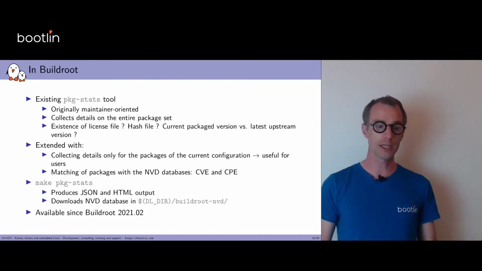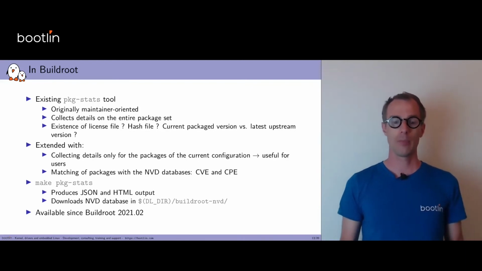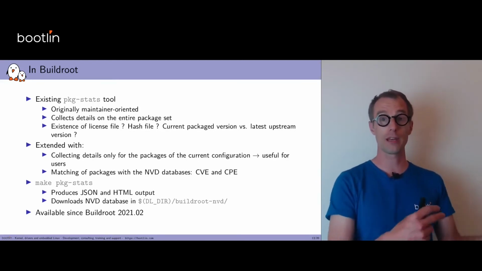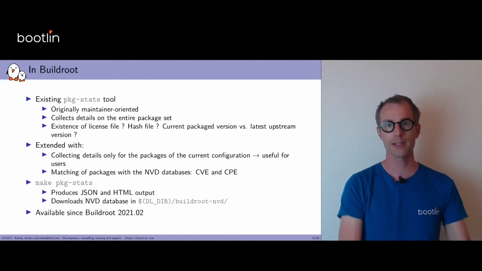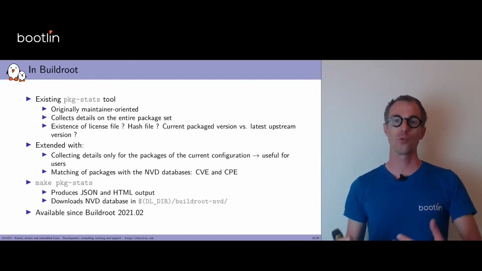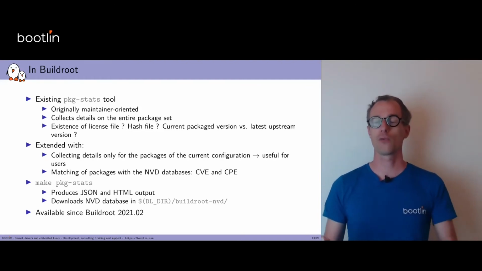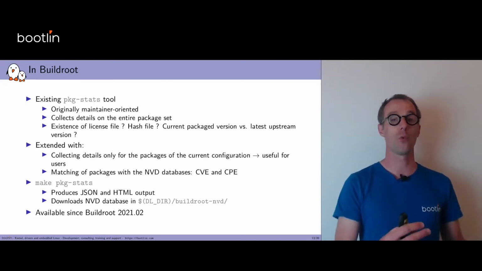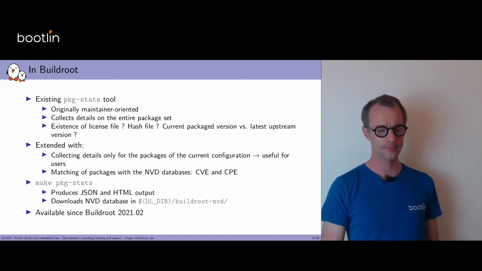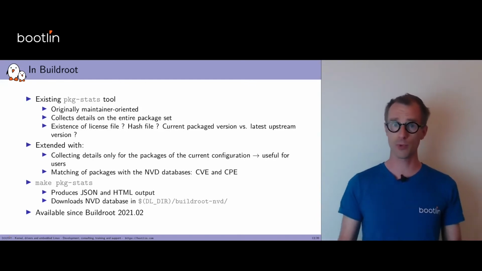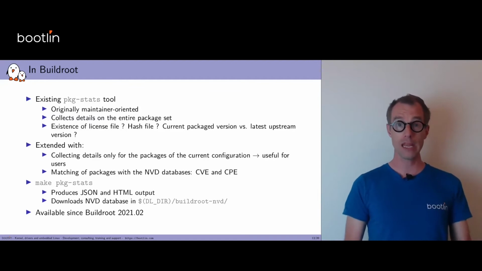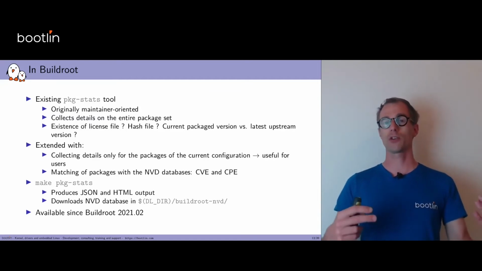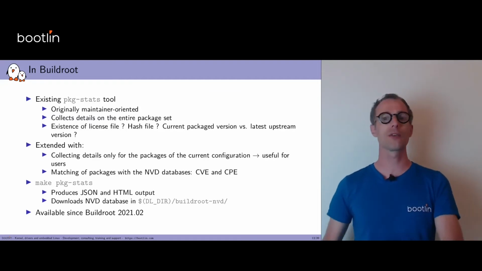And then the other thing we did is that we extended that tool by making it use the NVD databases, the CVE database and the CPE database. So we are now able to detect if a package that you have in your system is affected by one or several known CVEs. And to use this tool, it's pretty simple. You simply run make pkgstat, and it will collect the list of packages you're using, the versions you're using.